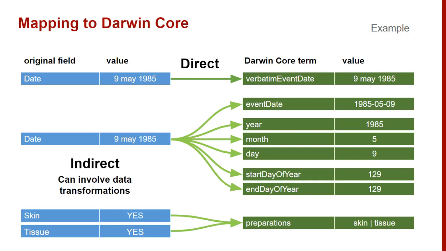For example, if we have two fields in our database, one which captures whether we have a skin of a specimen and another one that indicates if we have tissues, there are no terms in Darwin Core to express this data separately. Instead, there is a single field for preparations, which requires to enter data in a certain format. We then need to transform our original data to be able to share them using the Darwin Core Standard.